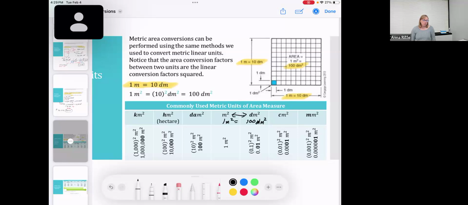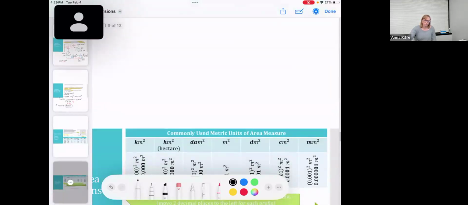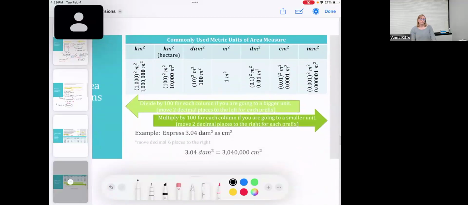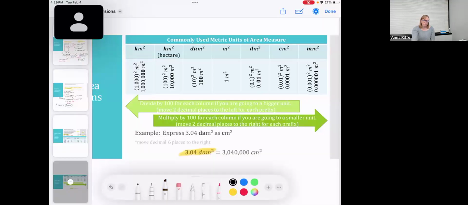And what that means when it comes to converting between units is that if I want to convert, say, 3.04 square decameters to square centimeters, then I can consider my prefixes again. King Henry died unusually drinking chocolate milk.